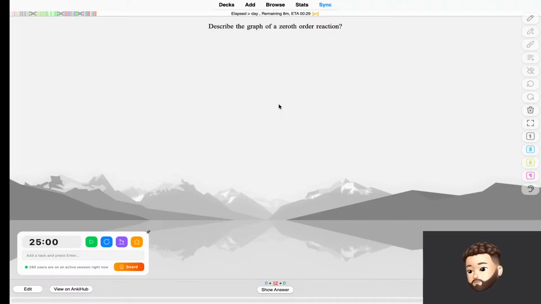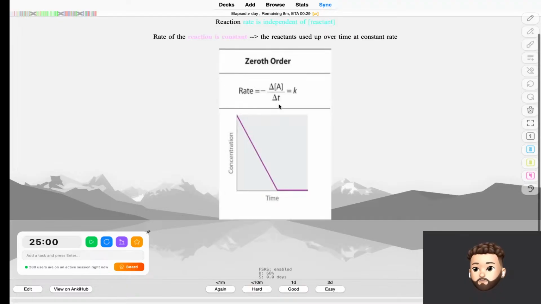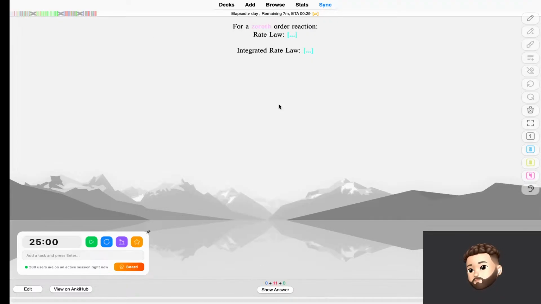It simply decreases over time, and the rate is constant. r is equal to k, and A is equal to A naught minus kt.